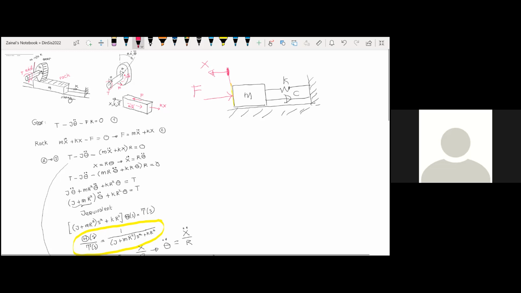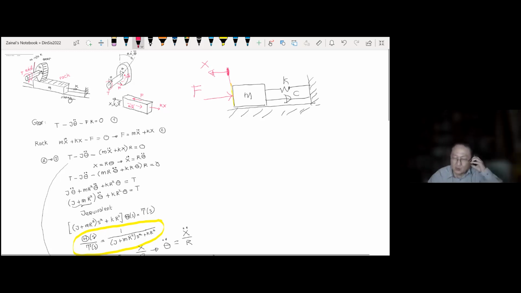Excuse me, wait. Okay, is it possible for F to the right while x to the left?